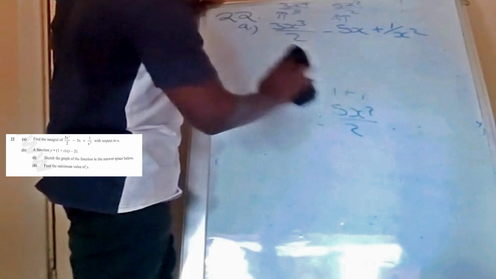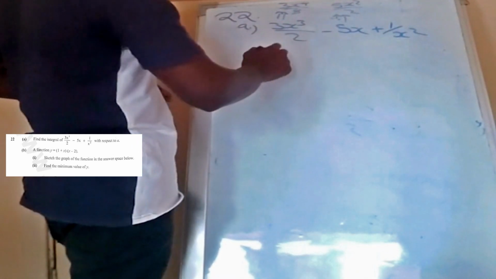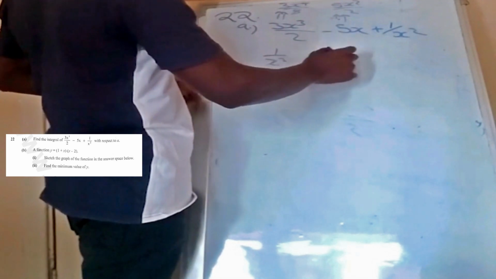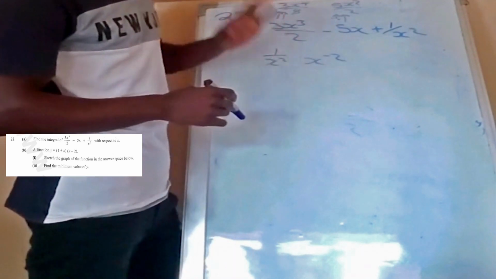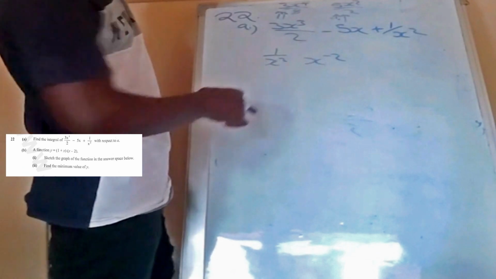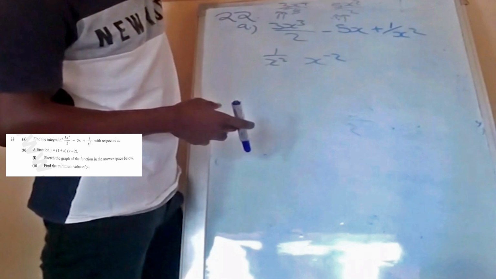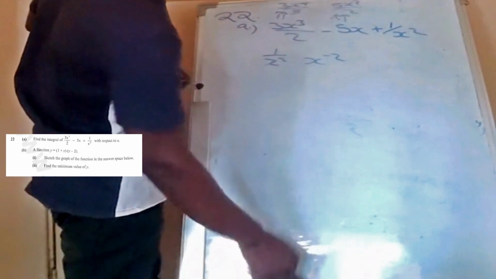We come to the last one. So you've got 1 over x squared. This is the same as x to the power negative 2. Always remember that when we've got 1 over x to the power something, we can put that x on top and it will have a negative power.